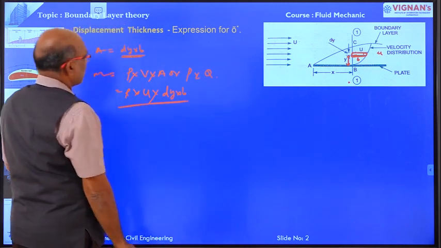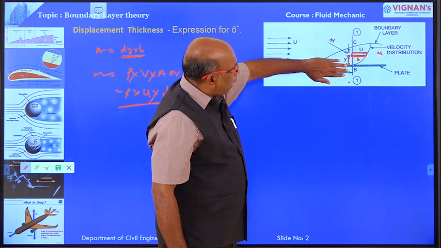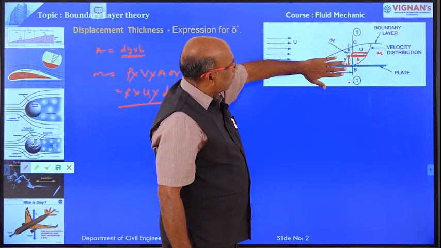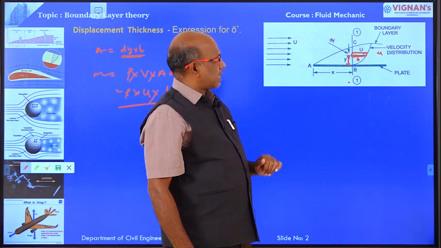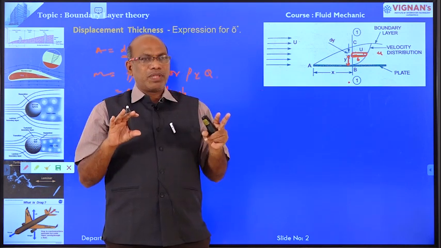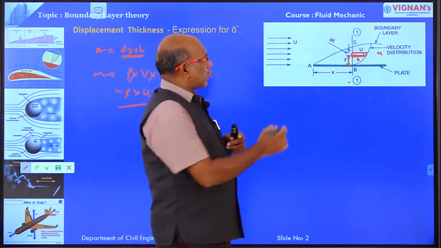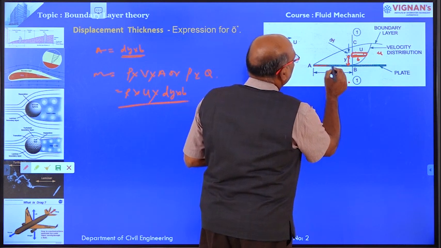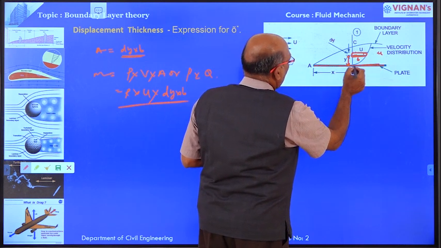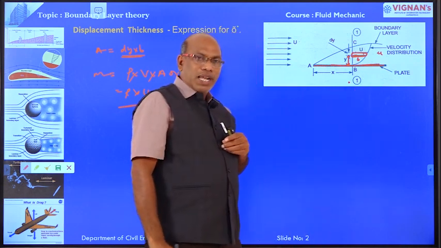And next, suppose there is no solid body in the free stream. For example, if water is flowing through a stream and there is no obstruction, it will maintain the same velocity. But here we have provided one boundary, because of that solid body, and because of that we have the boundary layer.